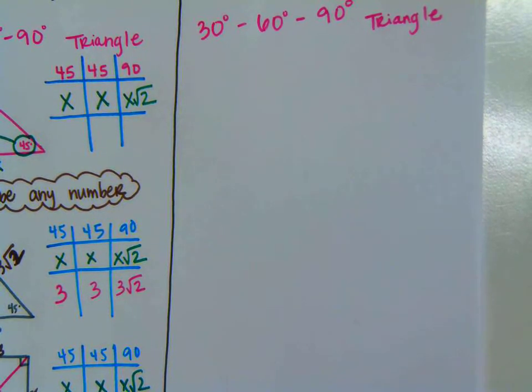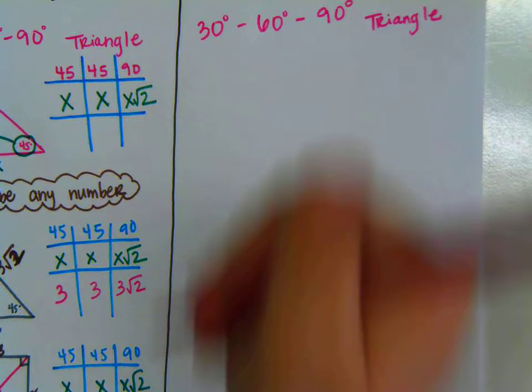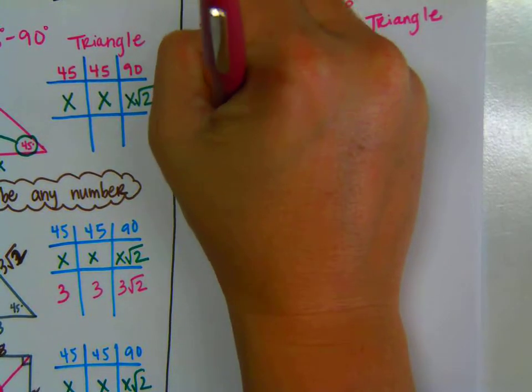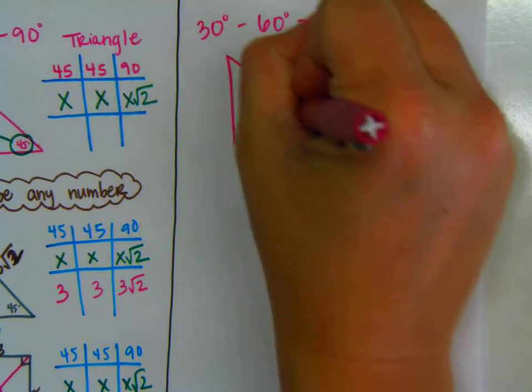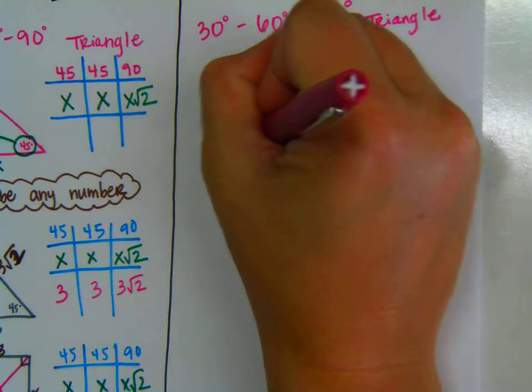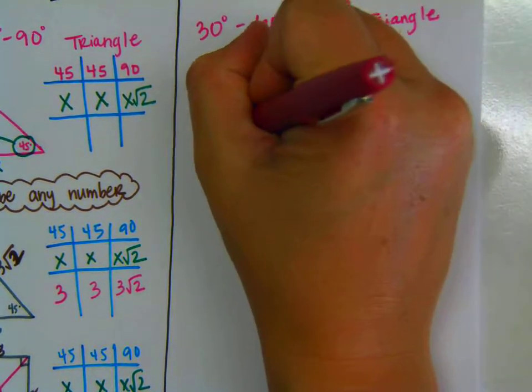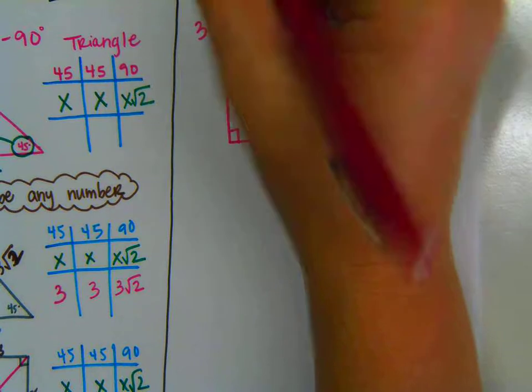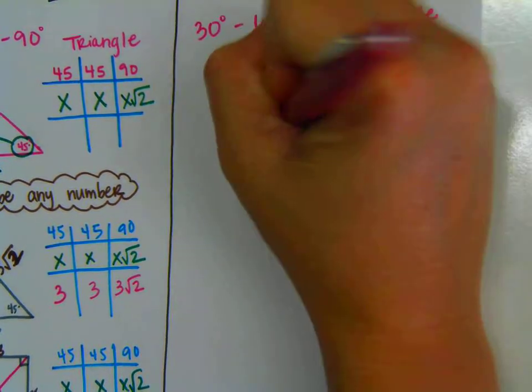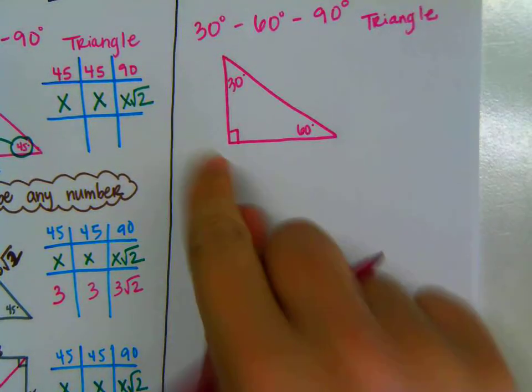We have 30, 60, 90. But it is essentially the same thing, just different things you have to memorize. Okay? So we're going to draw a triangle, and we're going to put in our values. We have 30, 60, 90.